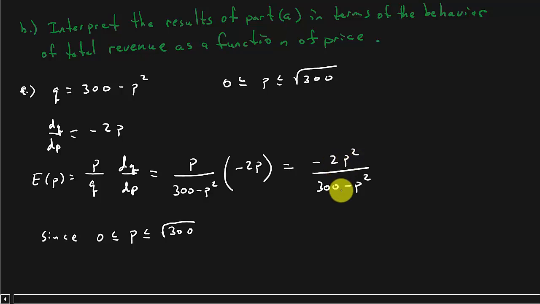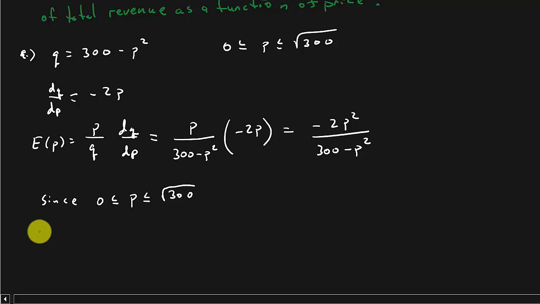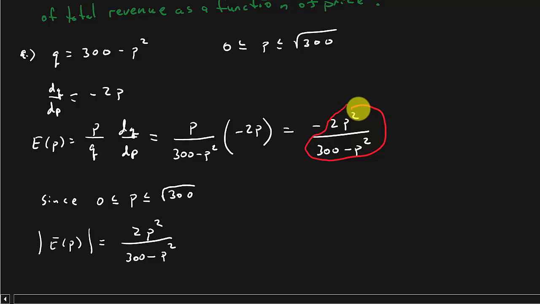So positive over positive is a positive, but then I've got the negative sign. So what I can say is that the absolute value of our elasticity of demand is going to be 2P squared over 300 minus P squared. I can just get rid of that negative sign because this part right here is always positive.